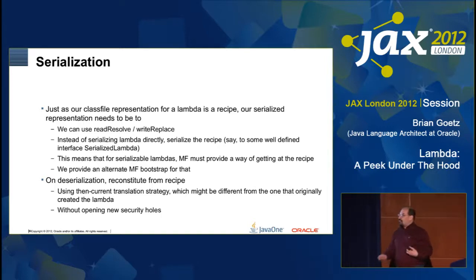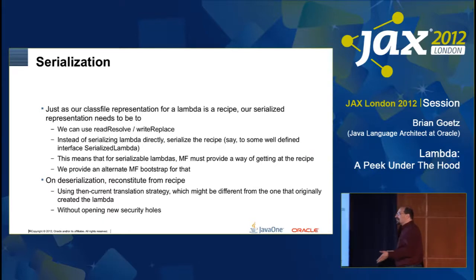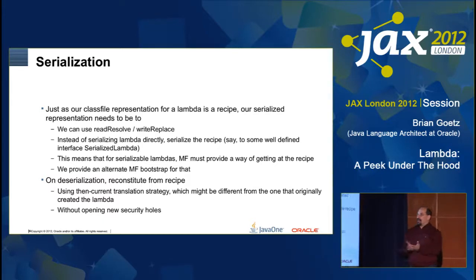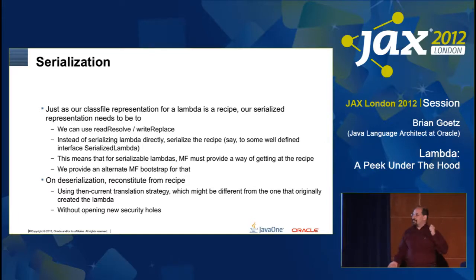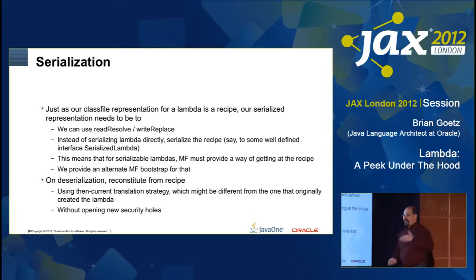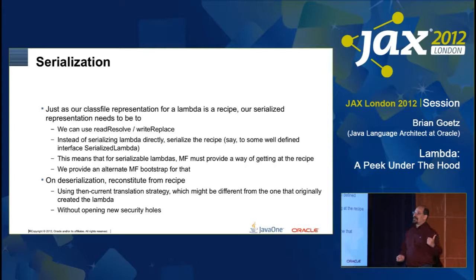We write out a serialized instance of the recipe so that when you deserialize it, it reconstitutes the Lambda from the recipe. It turns out we use a separate metafactory for that, mostly so that we can keep the fast path simple, so we can enable the optimizations I talked about two slides ago.